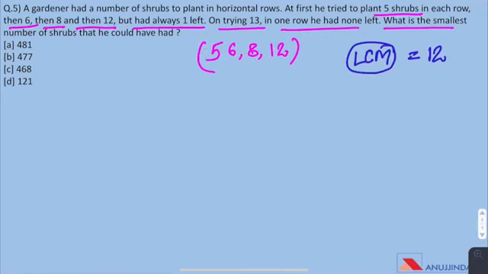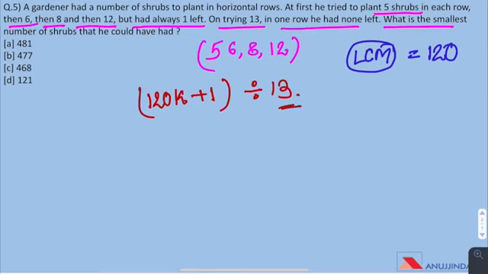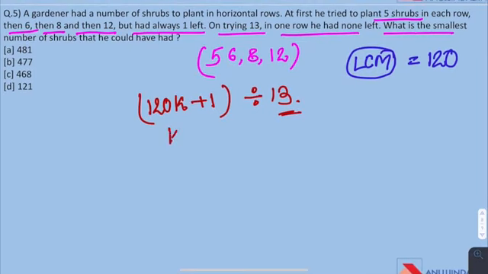LCM is 120. And as per the condition given in question, we see that 120k plus 1, this number is divisible by 13. So, we will put values of k and try what is the minimum number of shrubs that he could have. On putting k equals 1, we get 121, which is clearly not divisible by 13.